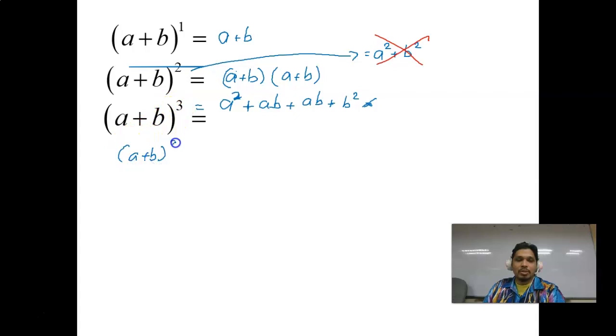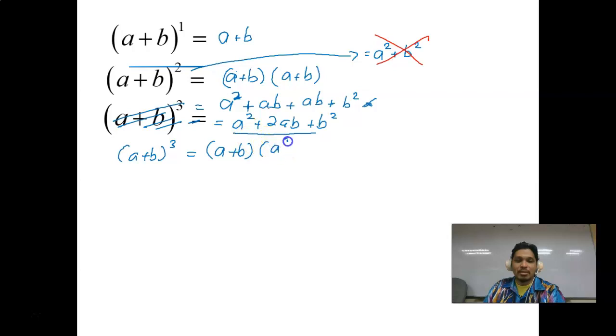a plus b cubed. As I said, for a plus b squared, a plus b appears twice. Now just imagine that if we have a plus b and we expand this, this is a squared plus 2ab plus b squared, which represents a plus b in bracket square.